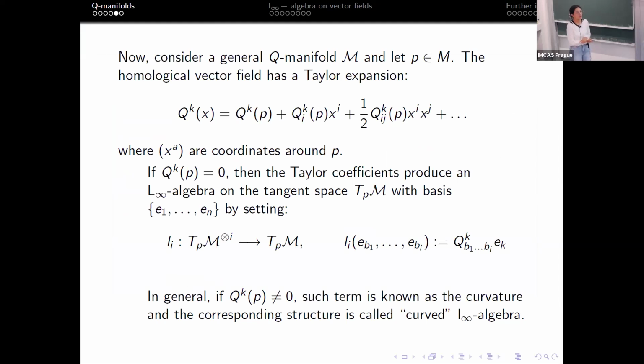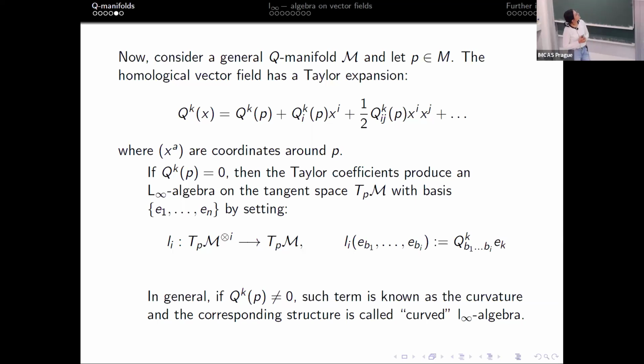So like you wish to have a global construction of this. Like you want to define an L-infinity algebra in the space of sections of the tangent bundle. Yes. Yes, on vector fields. Saying some form of power series coefficients. So what role will they play?